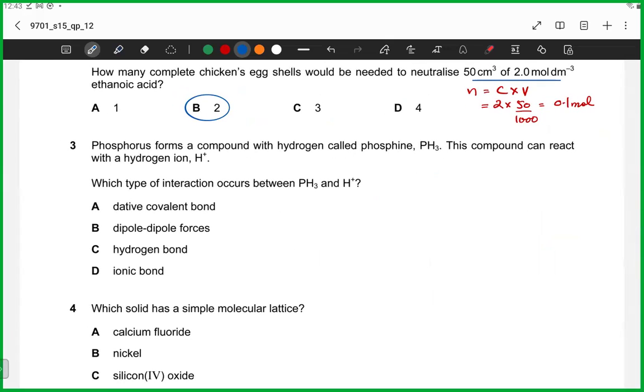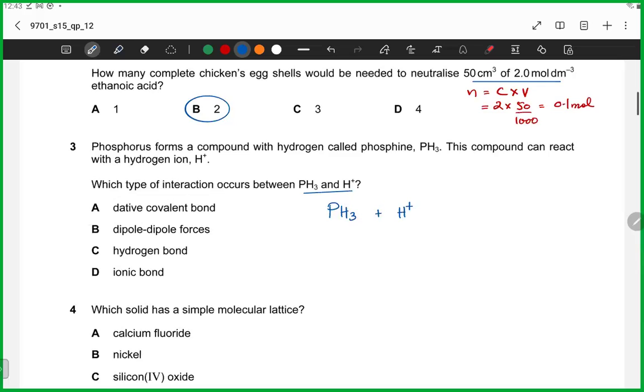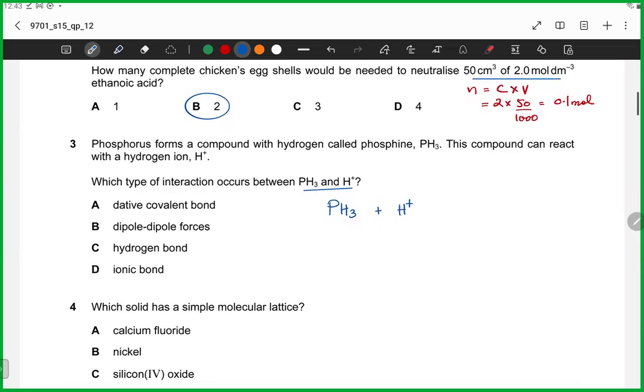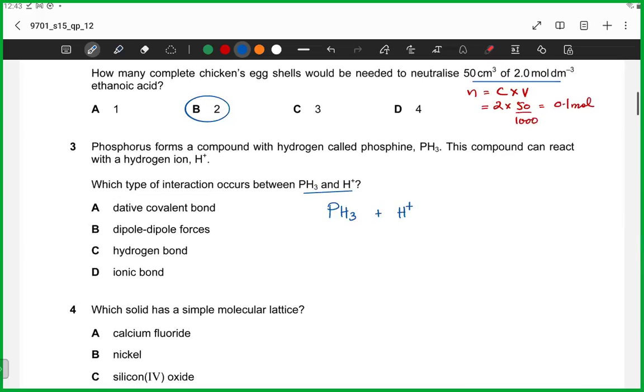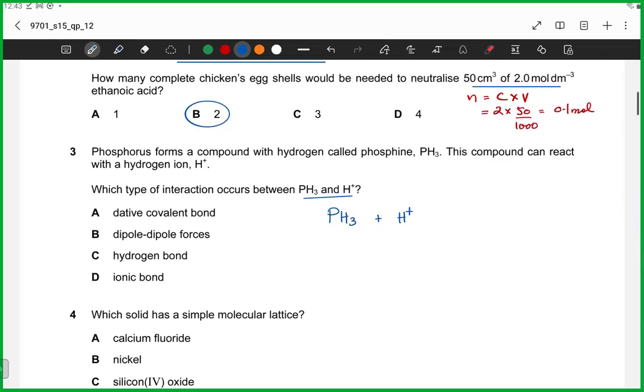So he says the compound PH3 can react with H+ ions, right? So what type of interaction do they have?